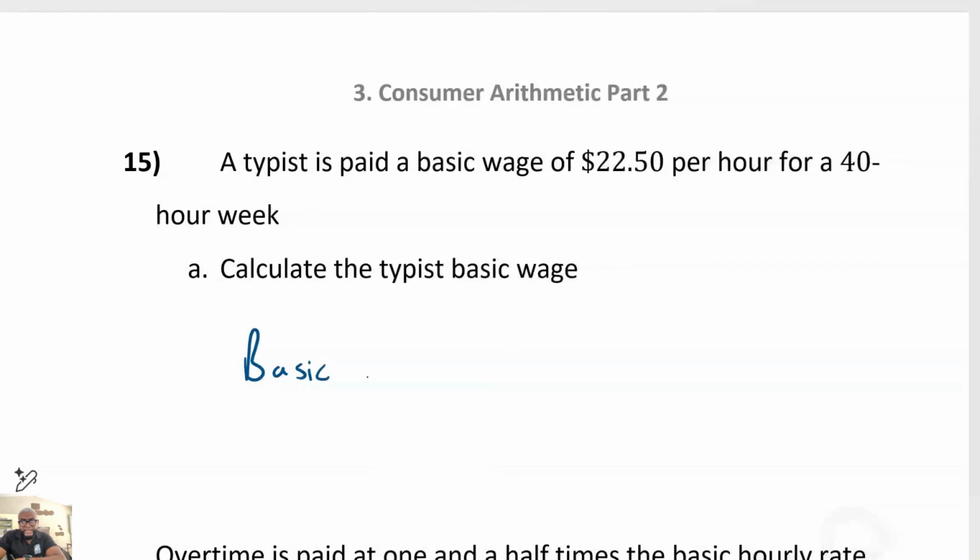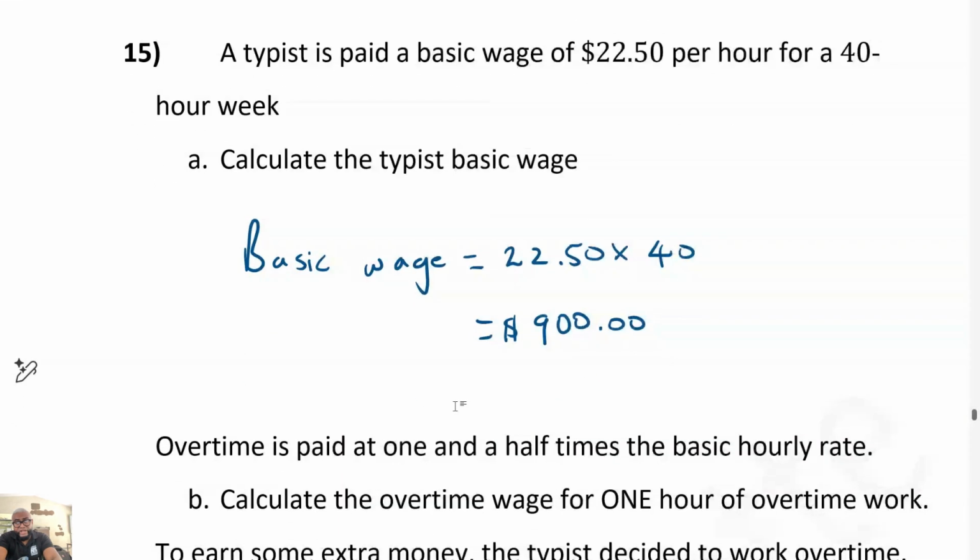Basic wage would be equal to $22.50 multiplied by 40. $22.50 is his basic hourly rate, right? And what does it work out to? How much is he making for the 40 hours? 900 flat? Right. That's his basic wage, right?